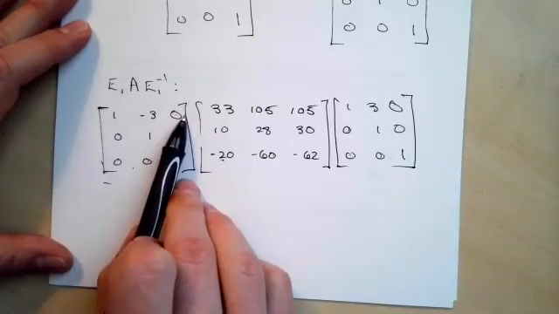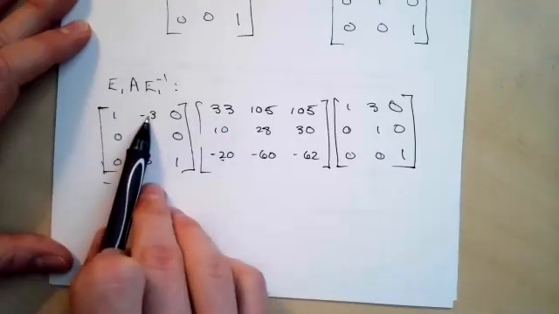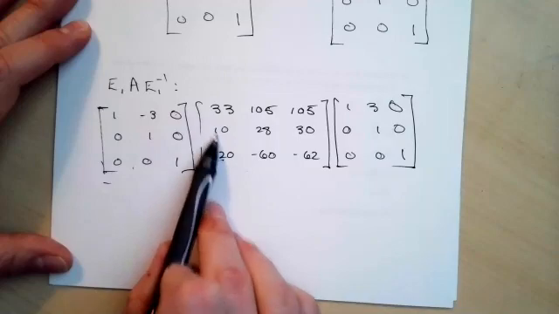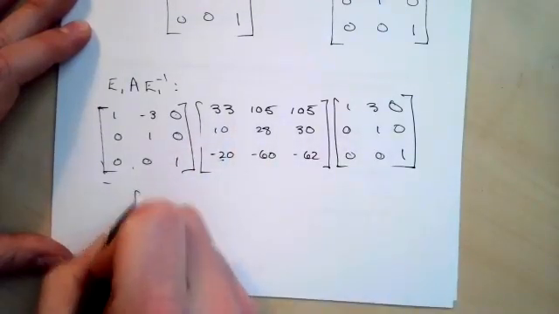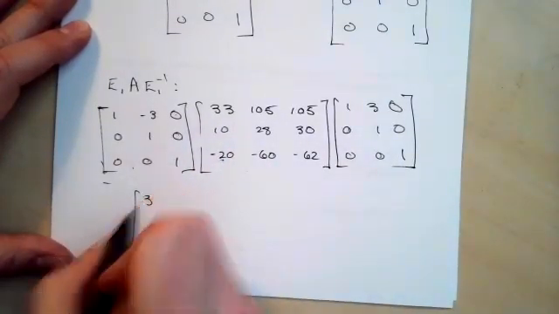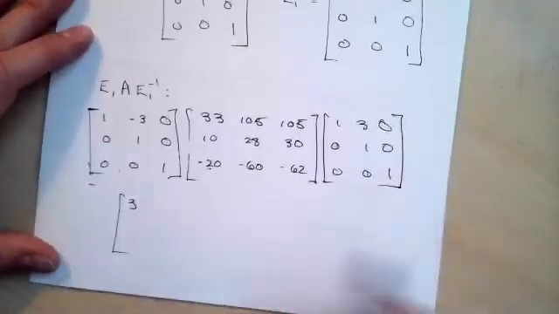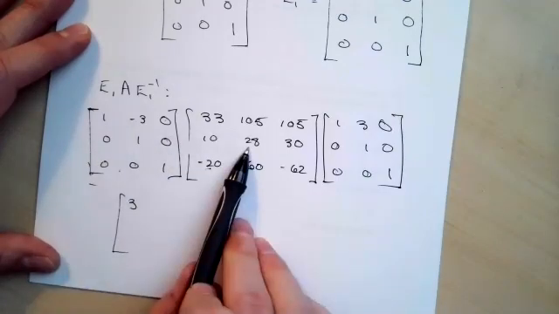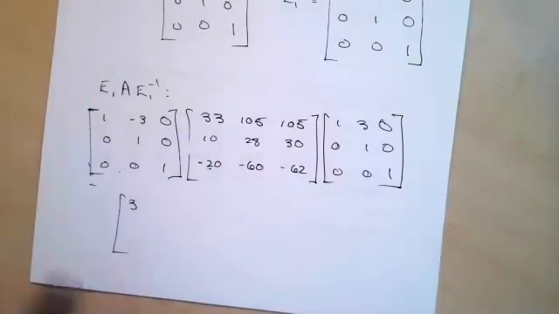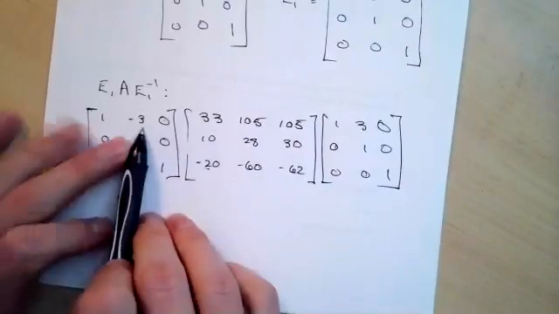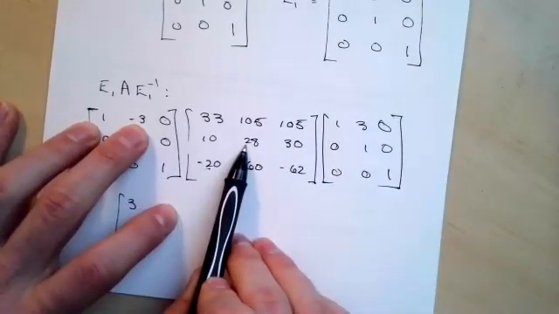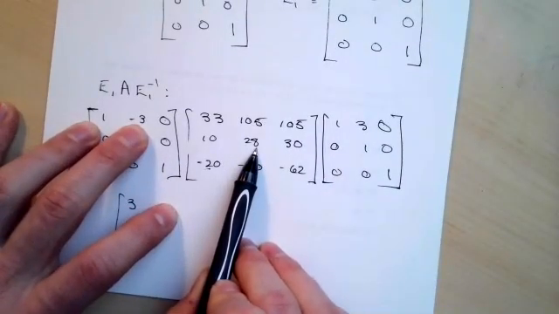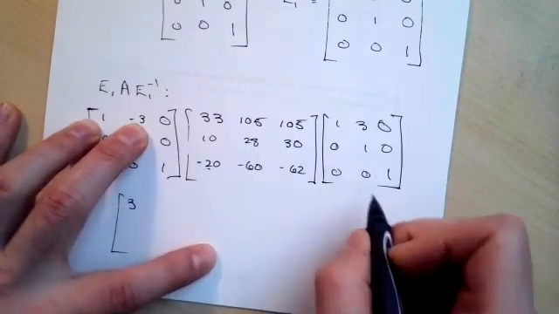When I multiply this row by this column, it's going to take -3 times 10 and add it to that 30. So we will have a 3 there. First row, second column, again, it's going to be -3 times 28 plus 105. So now we got a little bit of work to do. That's going to be -60 and -24, so -84.